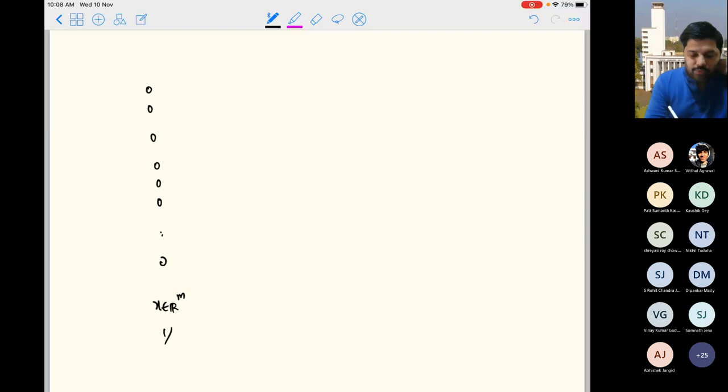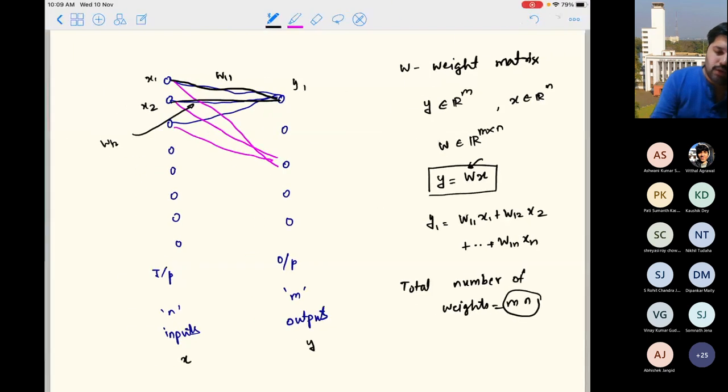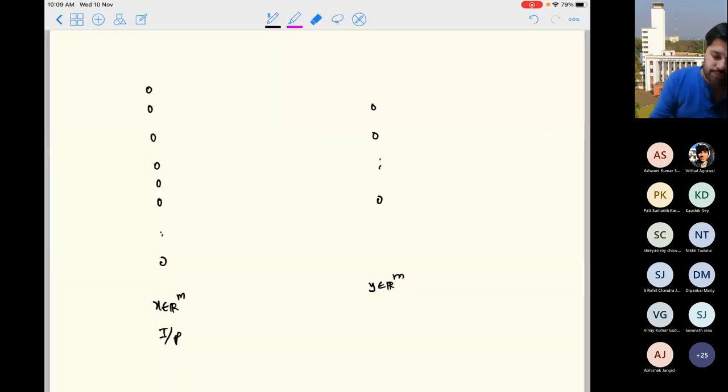This is the input layer. This is the output layer that I have, so this is y in Rm. So input was n, so this is Rn. So this is the output layer.